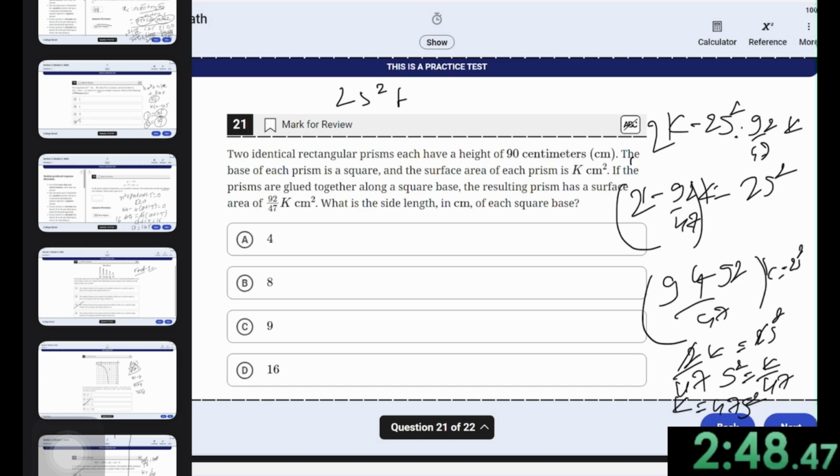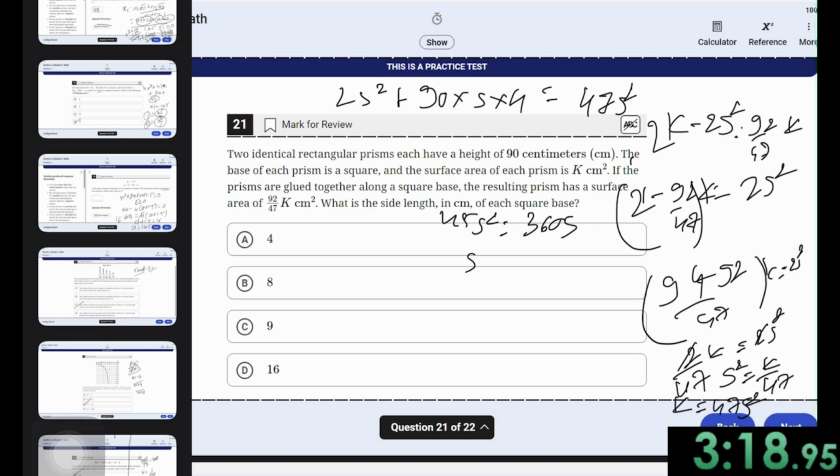For the rectangular sides, their surface area will be height multiplied by side, multiplied by 4, because there are 4 such sides, and this is equal to 47 s square. As each rectangular prism has a total surface area of k, and we calculated that k is equal to 47 s square, 45 s square is equal to 360 s. So s cancels, and s is equal to 360 by 45, which is 8. Done.